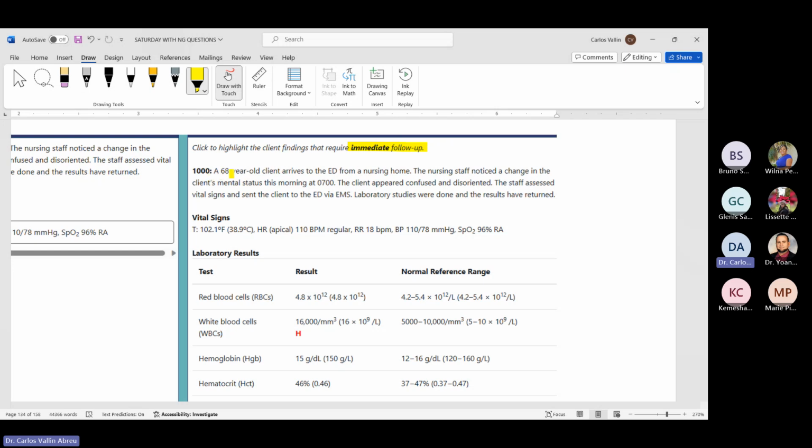Okay, the fact that it's 68 years old is not immediate because it has not changed. And the fact that it's coming from a nursing home is nothing that is immediately important.